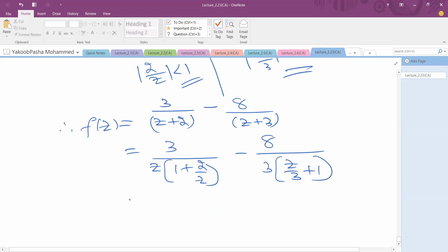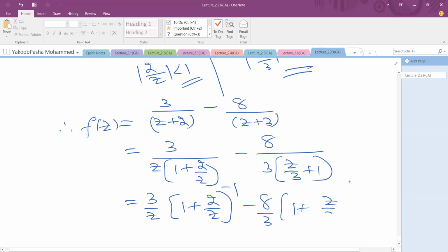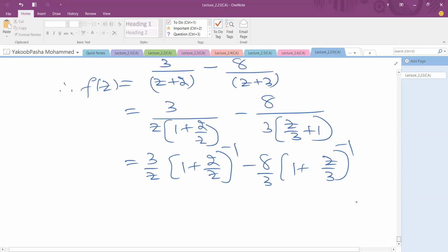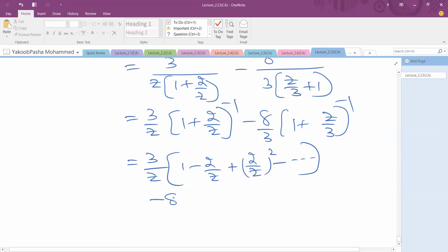So here 3 by z of (1 plus 2 by z) whole to the power of -1 minus 8 by 3 (1 plus z by 3) whole to the power of -1. Okay. So I'm writing 3 by z as this expansion: (1 minus 2 by z plus (2 by z) whole square minus and so on), first term; second term, minus 8 by 3, (1 minus z by 3 plus (z by 3) whole square minus and so on).